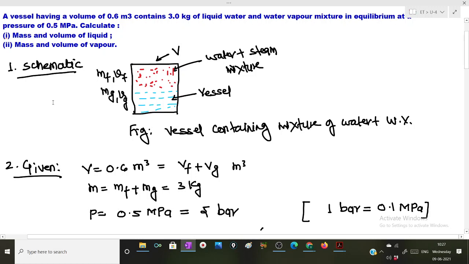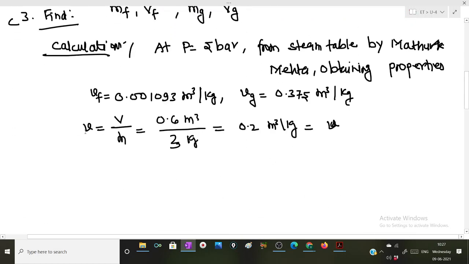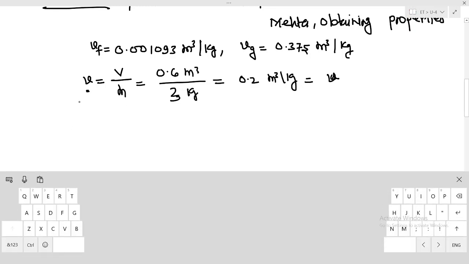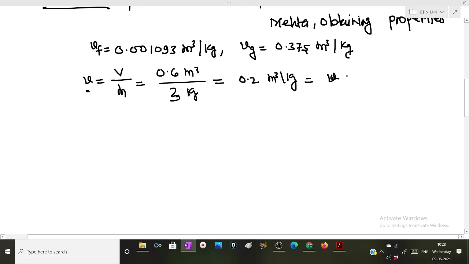Water plus water vapor. So what will be the type of the steam we have inside the vessel? Water plus water vapor is nothing but wet steam. So this specific volume of the vessel will be equal to the specific volume of wet steam.